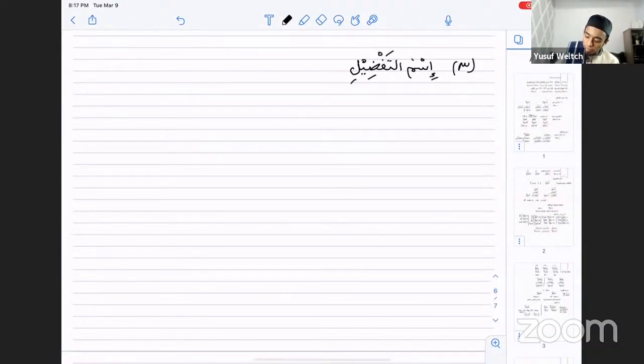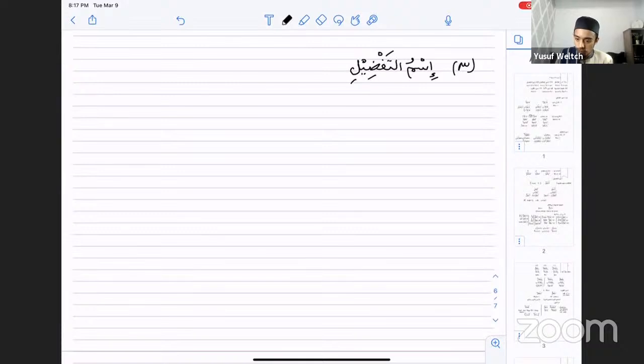What form is it? Can anyone tell me what form at-tafdil is from? It's the root noun of one of the 10 forms.